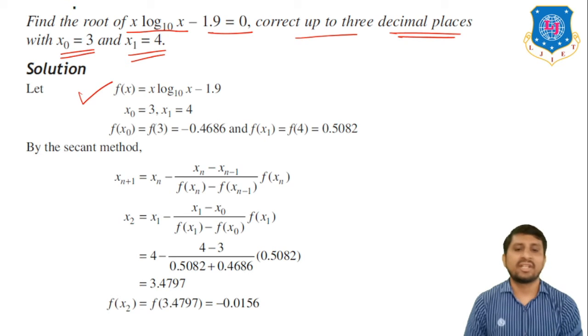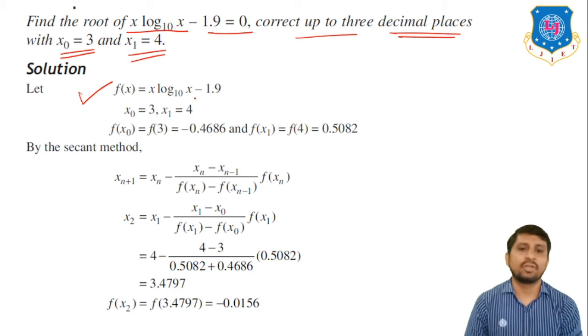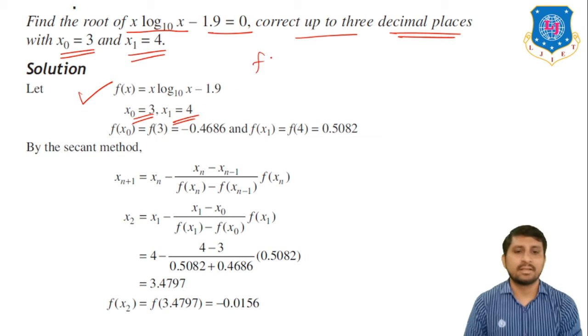So first of all, what is your function? The function is x log x base 10 minus 1.9, with x0 equal to 3 and x1 equal to 4. So for f of 3, you have to check 3 log 3 base 10, don't forget base 10, minus 1.9.